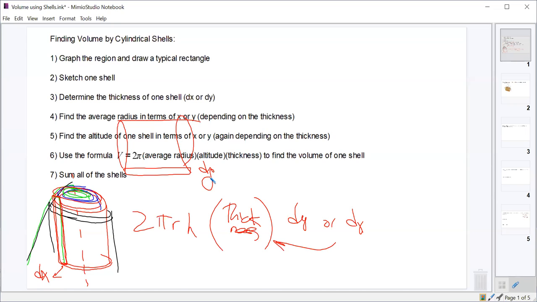Okay, so how much longer do you need? 20 seconds? 30 seconds? 45 seconds?